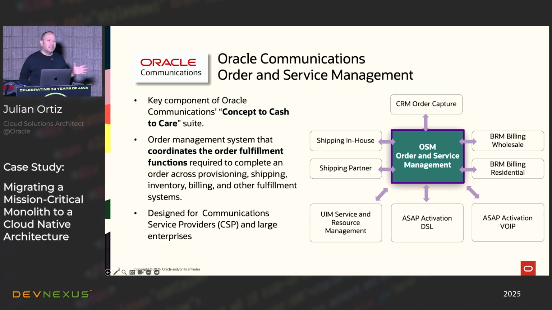It may not be clear what concept to cash to care is, but if I break it down into sections, concept is the stage that involves creation of new services and offerings, and cash is where you group the order management and the billing and revenue management. And care is basically focusing on customer service and customer support.